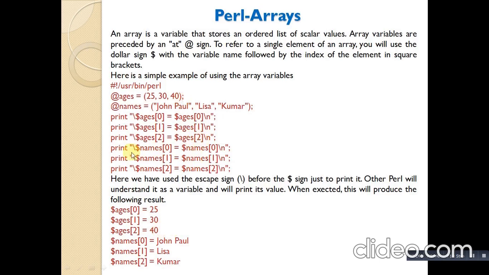Now the fourth print statement we are using to print the names at index number 0, 1 and 2. At index 0 we have John, Paul, at the first index we have Lisa, and at the second index we have Kumar. So all these three names are going to print one by one. This is how we can use the array, assign the values and then print those values.